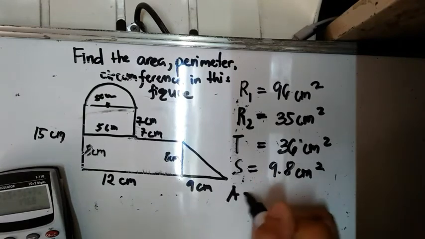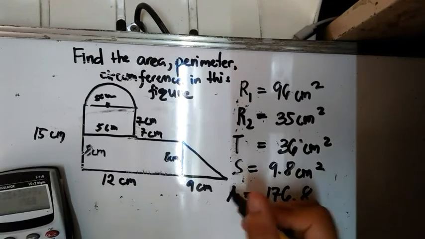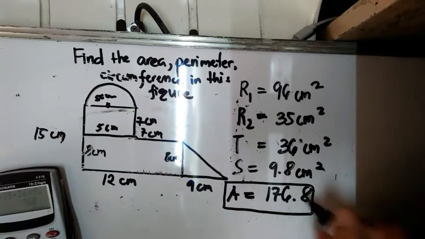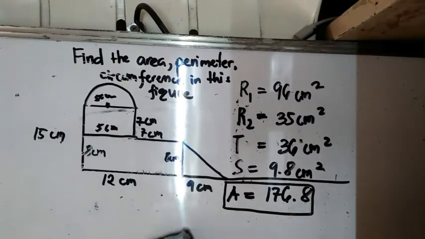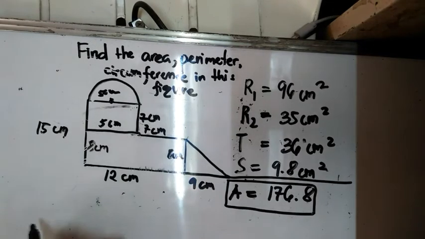So the area is 176.8. That's the area of this figure. Now that will give the total of 176.8, so that is the area of the figure.